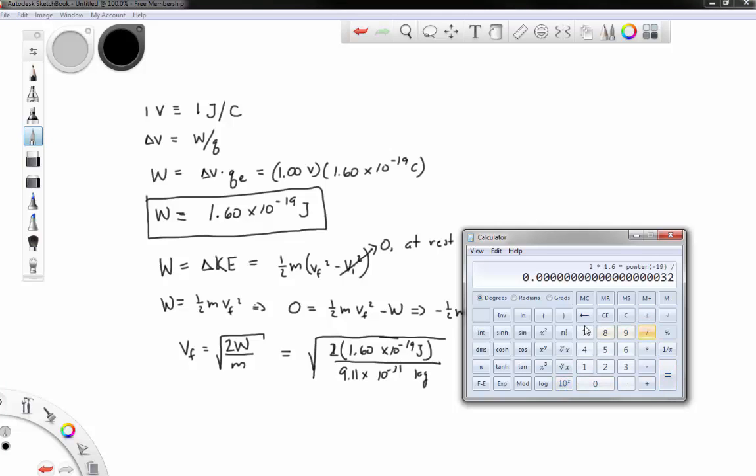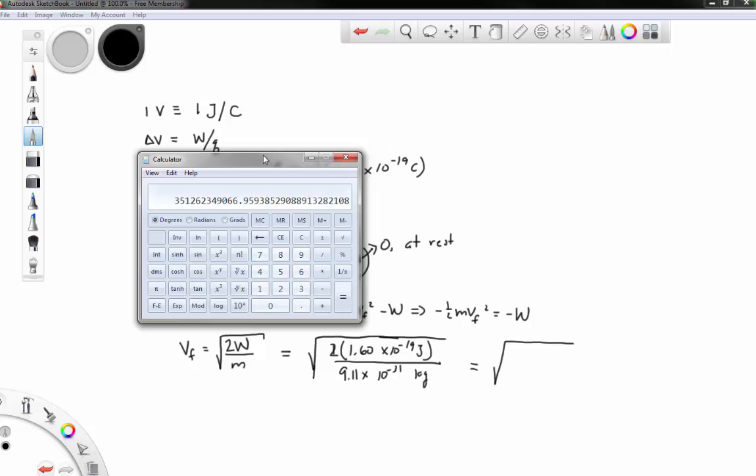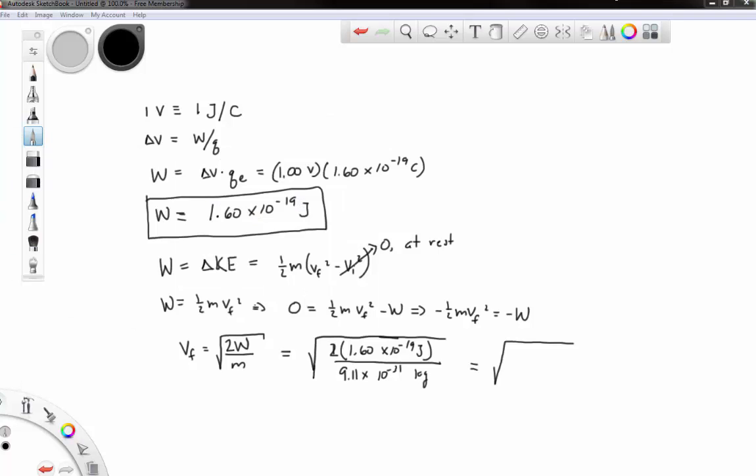Okay, and then that is going to be divided by 9.11 times 10 to the minus 31. And so we end up with this wonderful number. I'll just write down all the digits because we're going to have to take a square root of that in order to get our actual final answer.